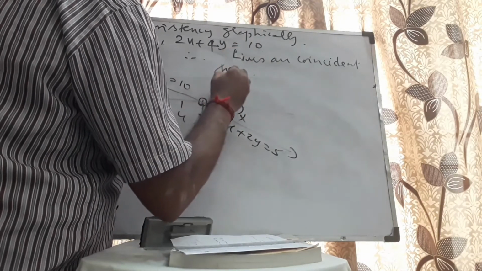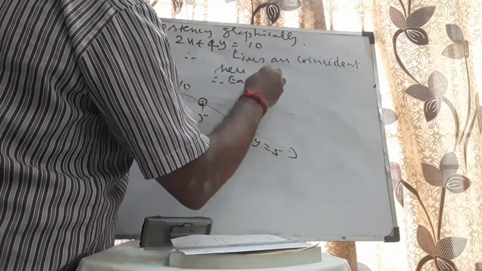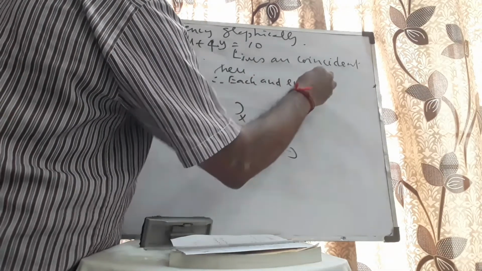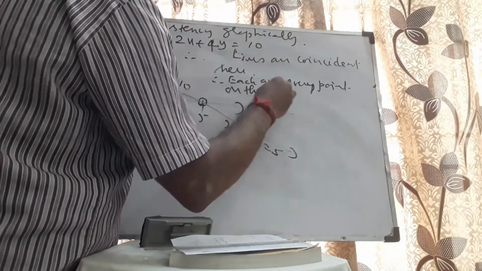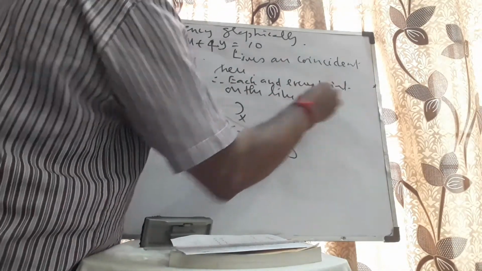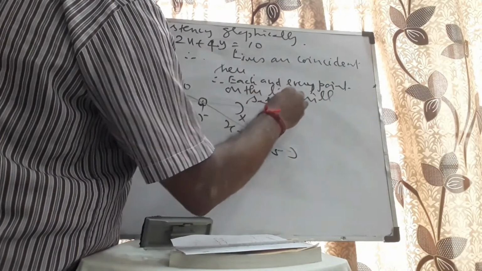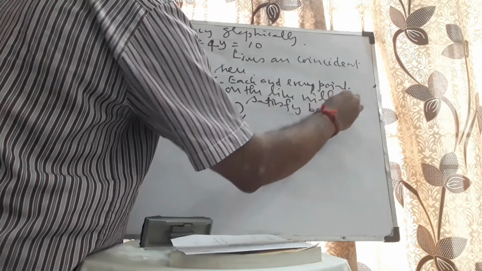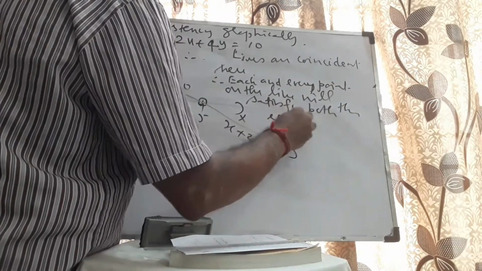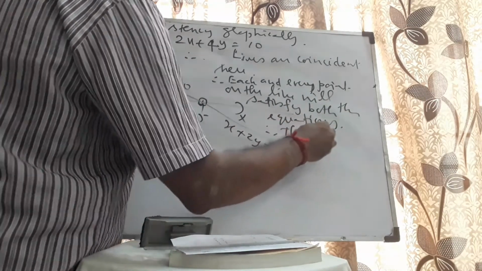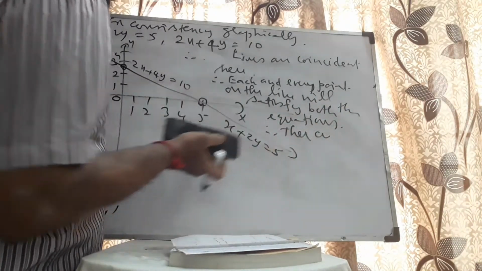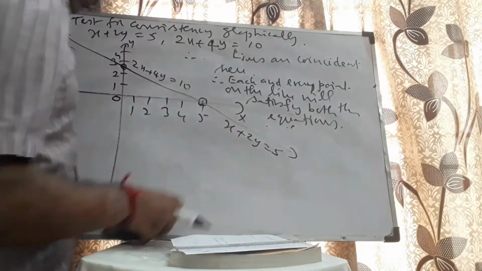Okay, therefore each and every point on the line will satisfy both the equations. Okay, therefore every line has infinitely many points.